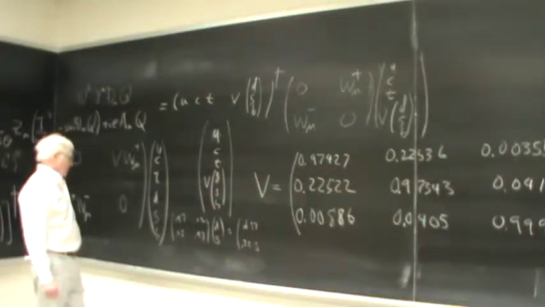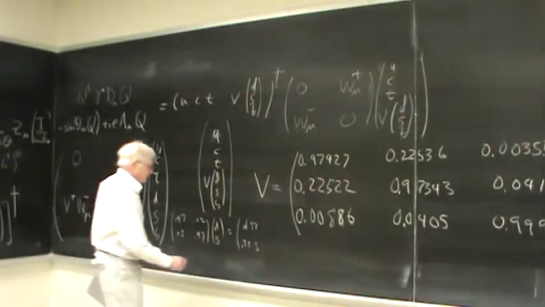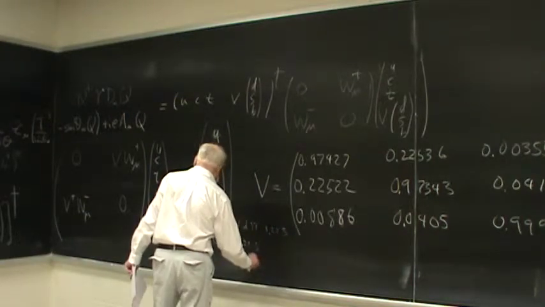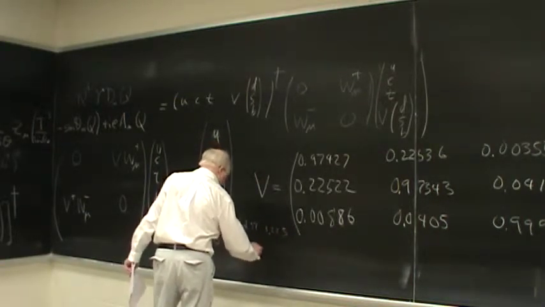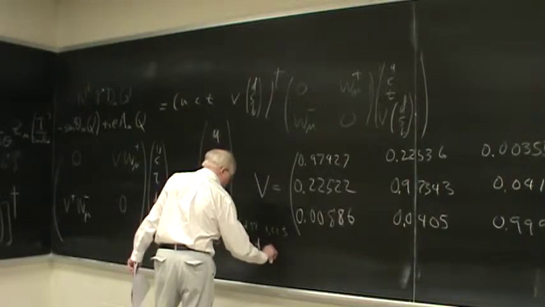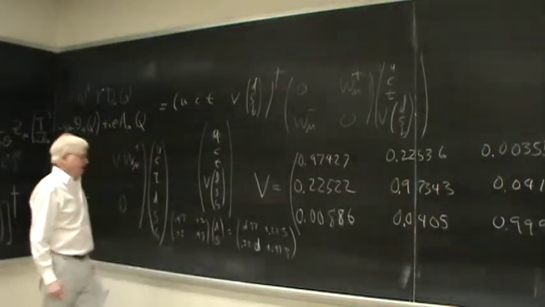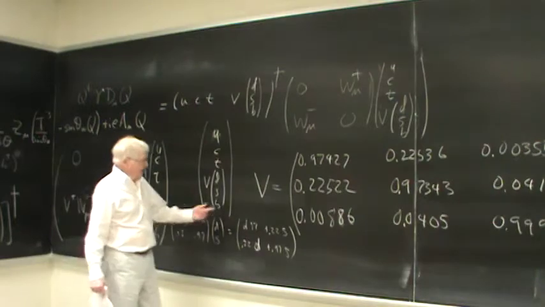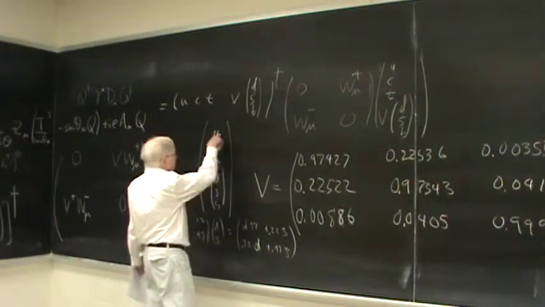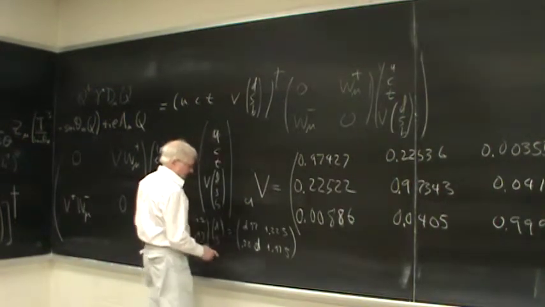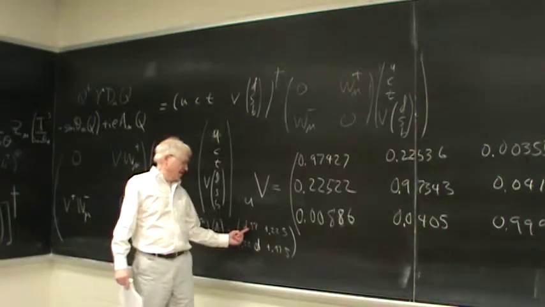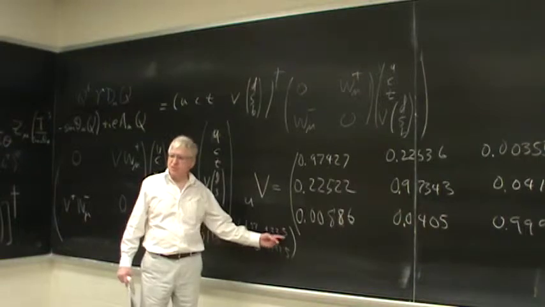Oh God, I did it wrong, didn't I? So what would happen is that we would have the up quark, and then down here we would have the down quark times 0.97 plus 0.22s.